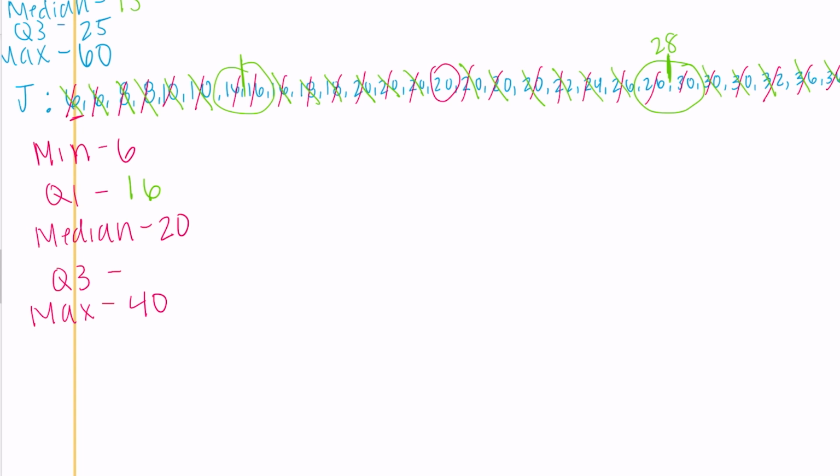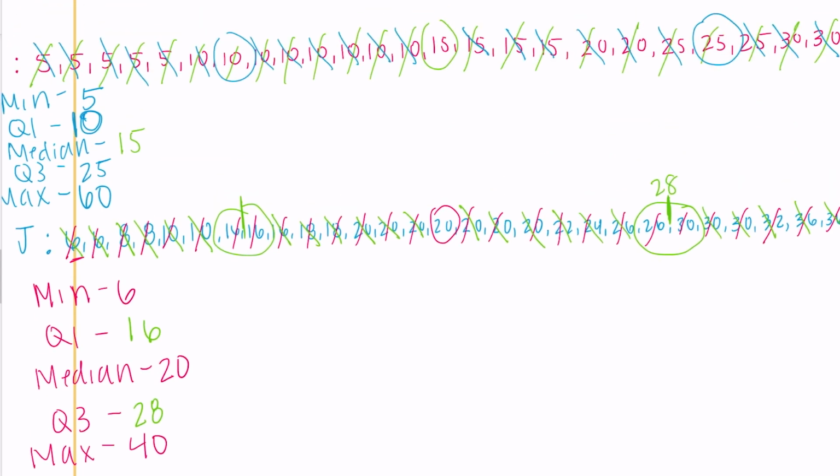So we have in between 26 and 30, which would be 28. Remember, if you're left with 2 numbers in the middle, you just find the middle of those 2 numbers. So in between 26 and 30 is 28. Okay, so now we have all the numbers we need to make our box plots.